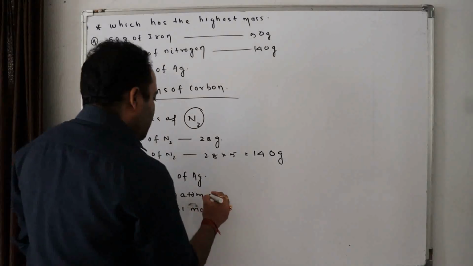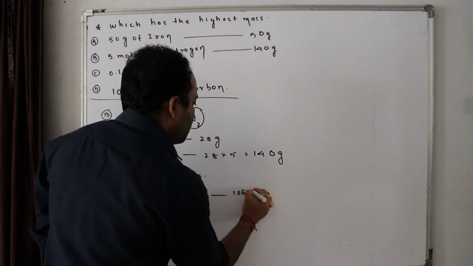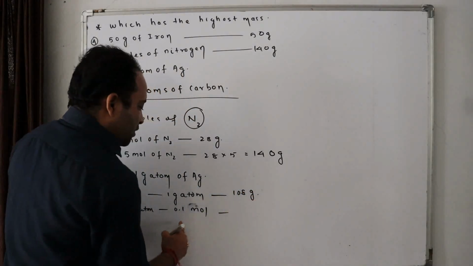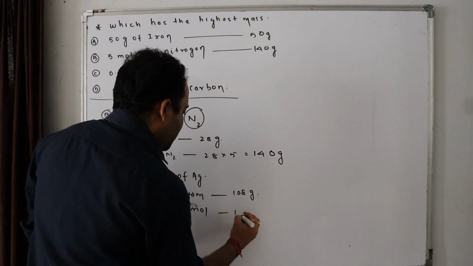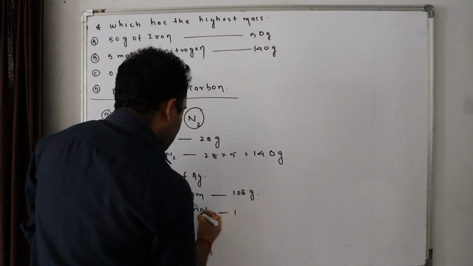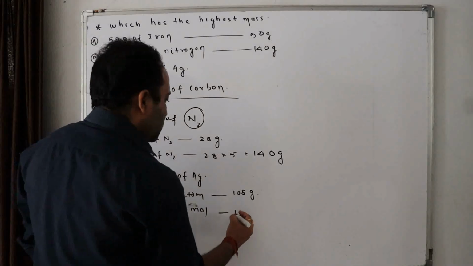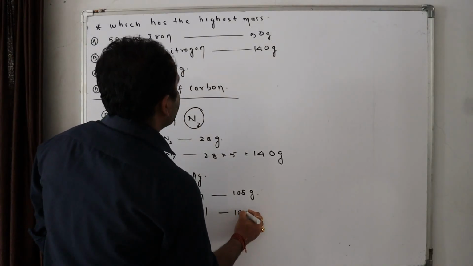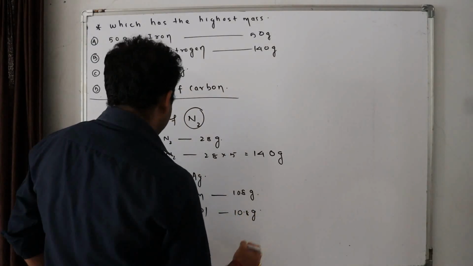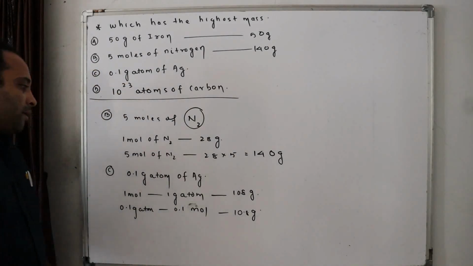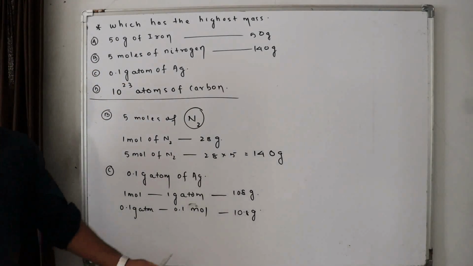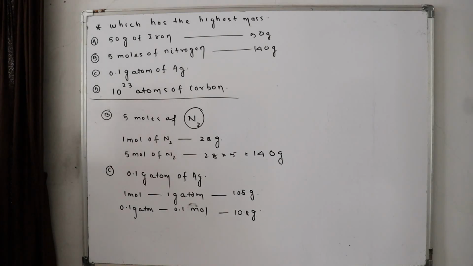So 1 mole, 1 gram atom mass is how much? 108 grams, isn't it? 0.1 mole is how much? 108 into 0.1, so it is 10.8 grams, isn't it? Figure out. This is 10.8 grams.